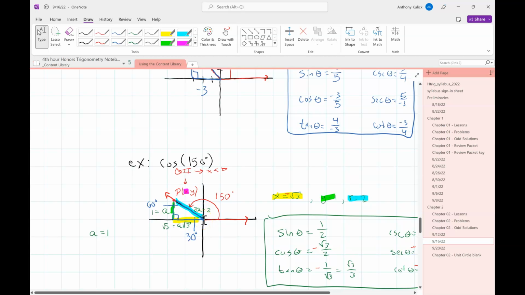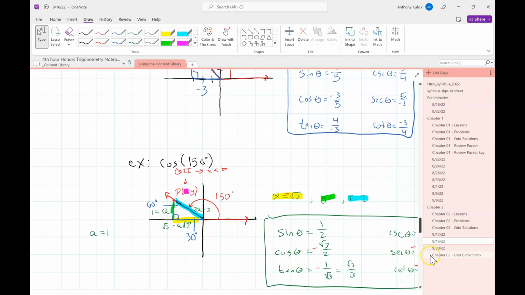Let's collect all of those angles into one place so we can shortcut having to draw these reference triangles over and over and over again. We'll do it once and then be done with it.